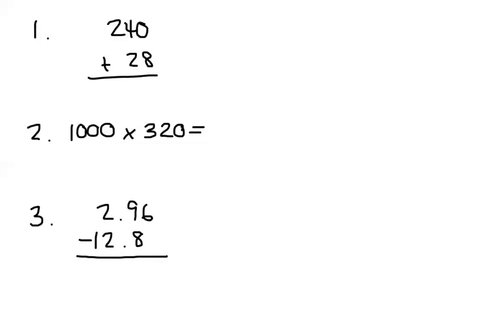Alrighty, and here we go over this. Can anyone remind me of the rule for addition and subtraction? Least specific digit. Yes, the least specific sig fig. Which is what? 240, because it is specific to the tens place, while 28 is specific to the ones place.